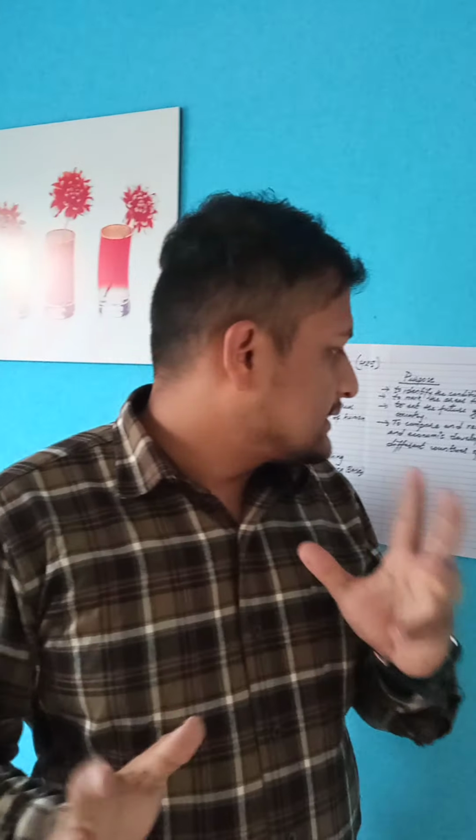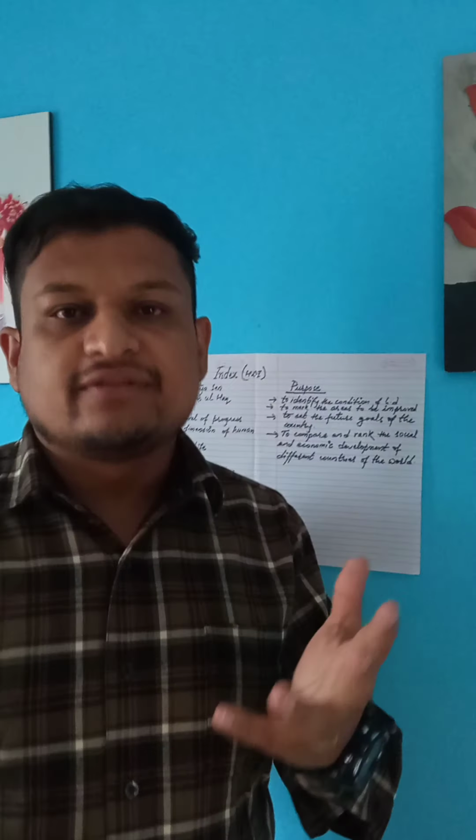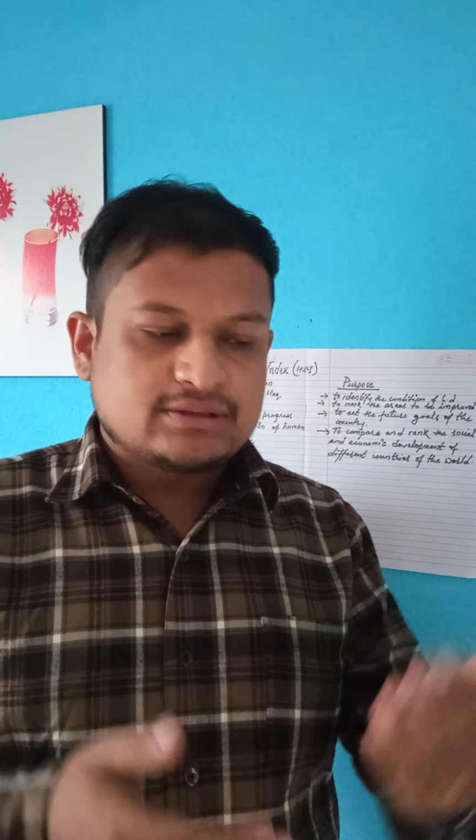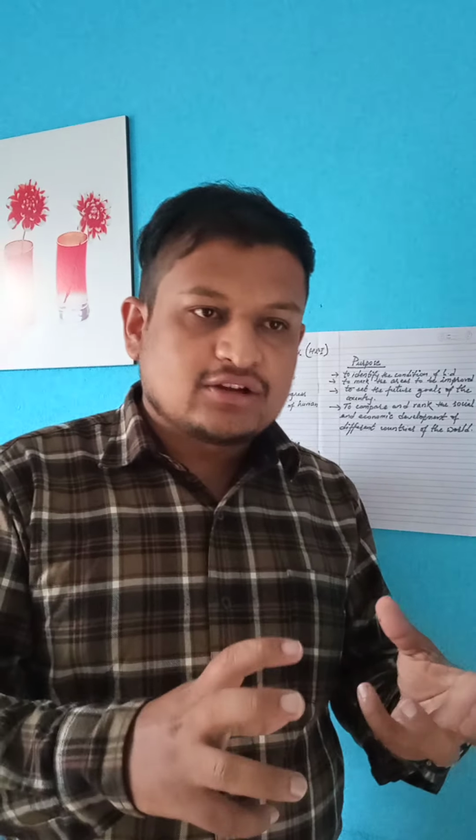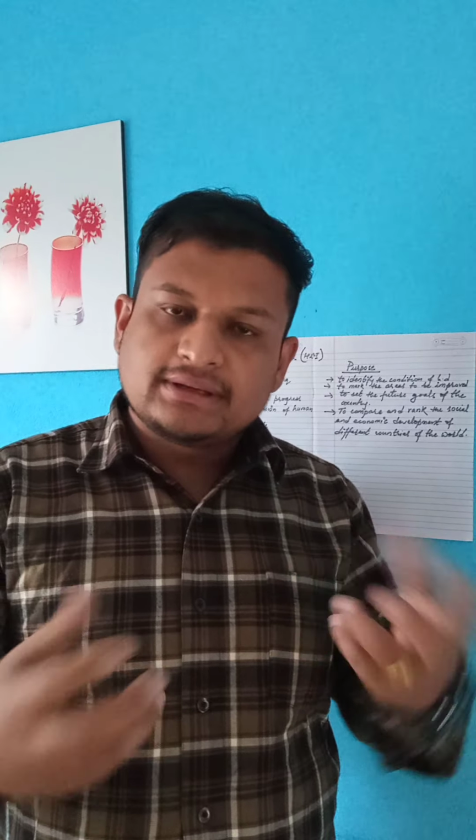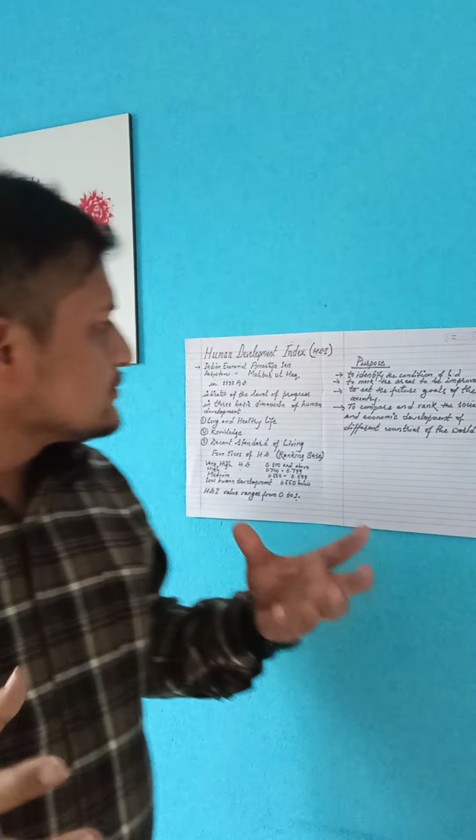We can rank them according to their HDI score. Developed countries have very high HDI scores, but underdeveloped and developing countries have lower HDIs. It's not only economic advancement and development that matters, but human well-being as well. Hope you understood this.